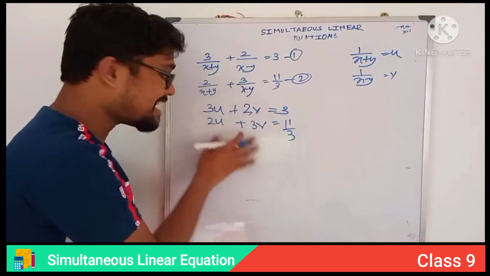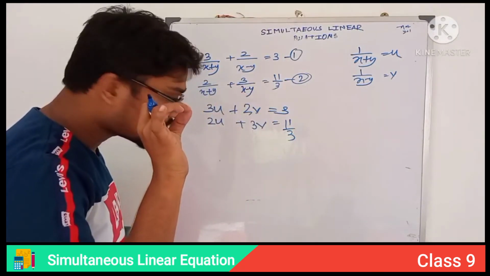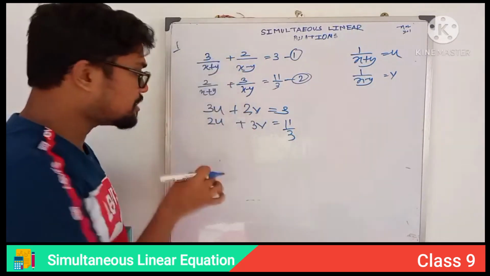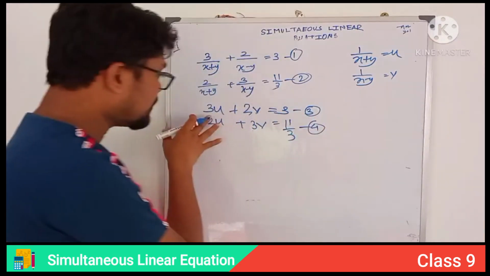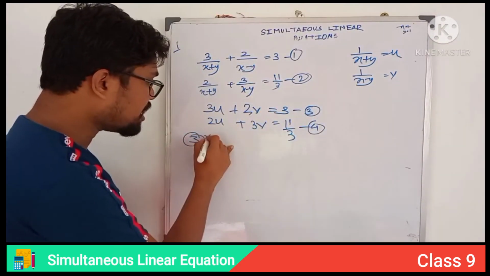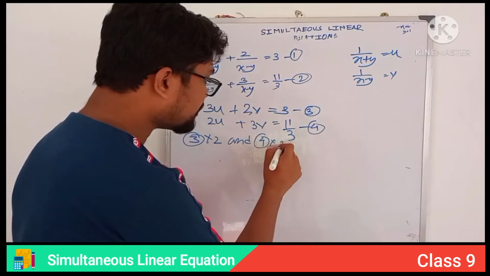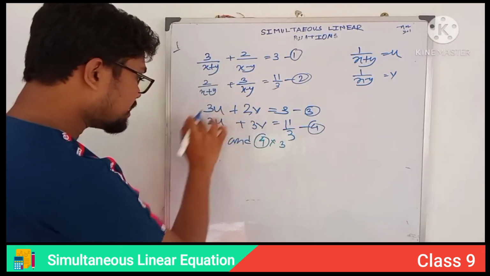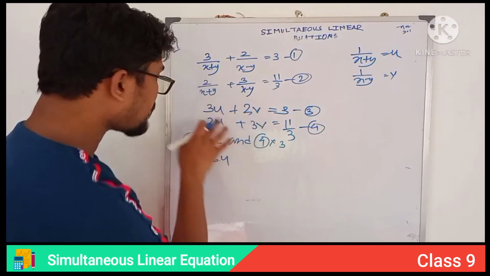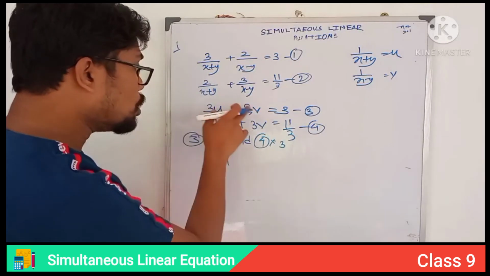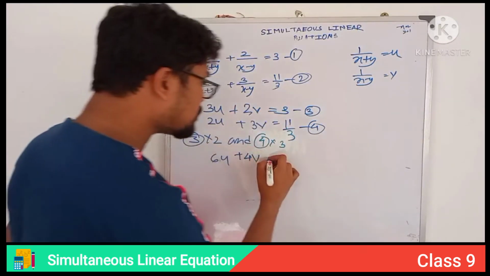Now we apply the elimination method here. We have to make the coefficients the same with opposite signs. Suppose this is equation 3 and this is equation 4. Now if we multiply equation 3 by 2 and equation 4 by 3, what will we get? 3 into 2 is 6u, 2 into 2 is 4v, and 3 into 2 equals 6.